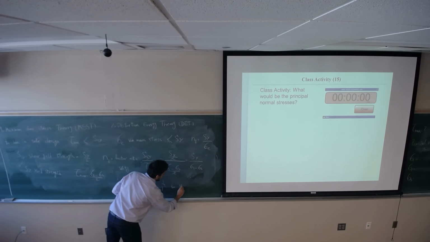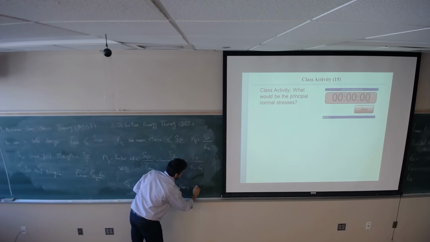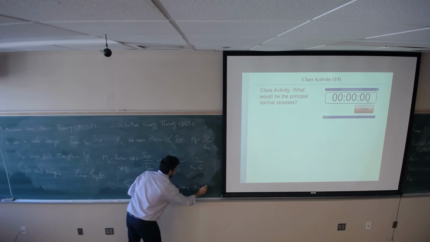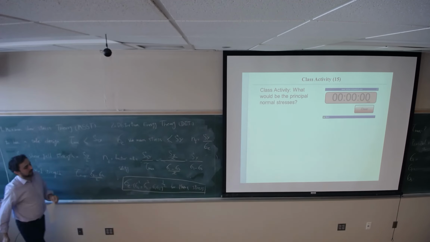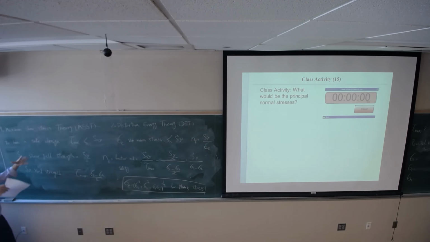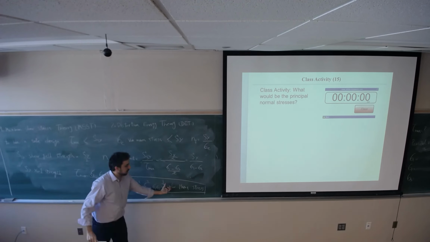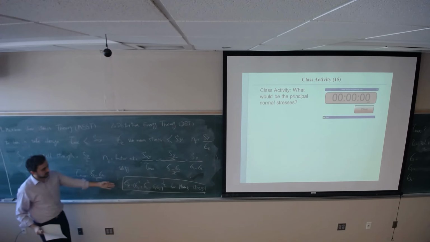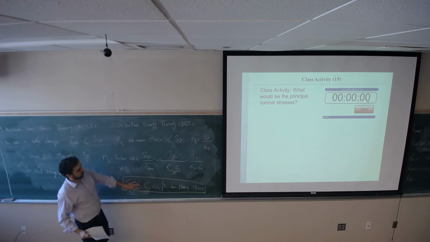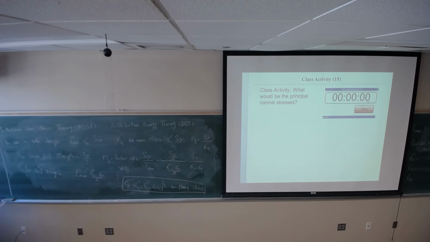There is a general form of the equation for von Mises if we have three dimensions. We will talk about that in failure theories later, but for now, to work on this example, that's enough.